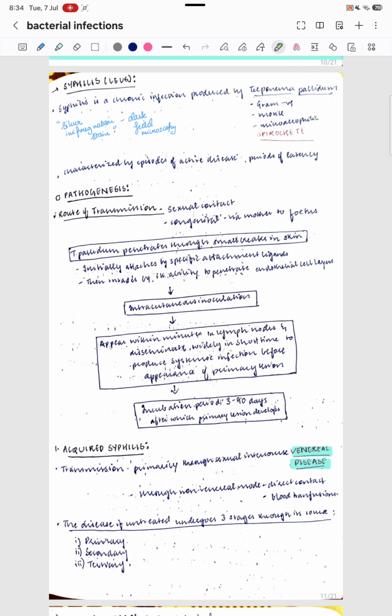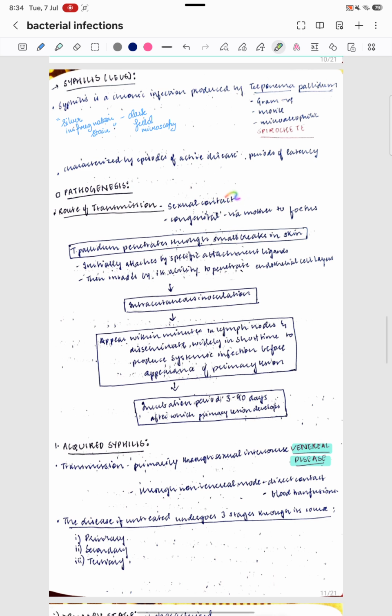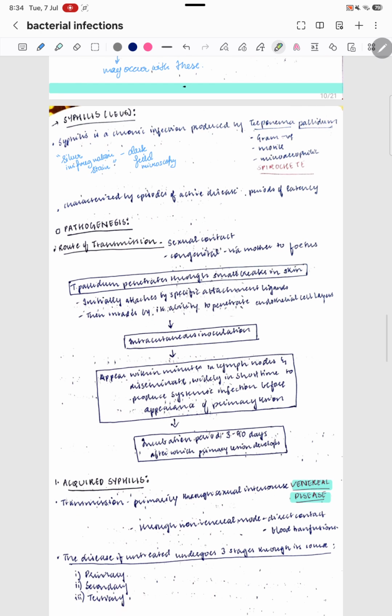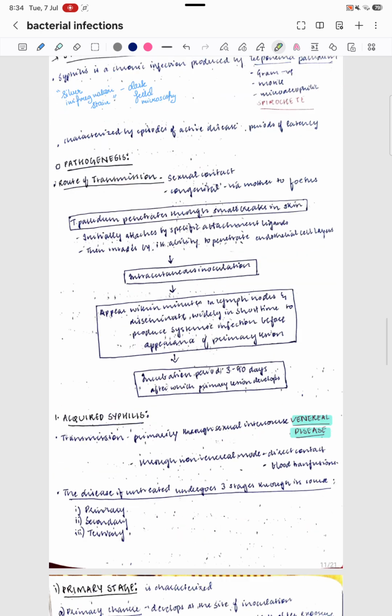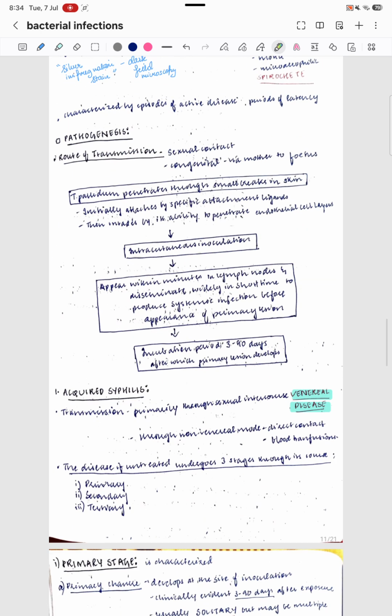Now coming to the pathogenesis, the route of transmission is through sexual contact, and congenital is via birth. So first is the venereal or sexual contact, and second is congenital. Treponema pallidum penetrates through small breaks in the skin, and it initially attaches to specific attachment ligands, then invades, with the ability to penetrate into the endothelial cell layer.